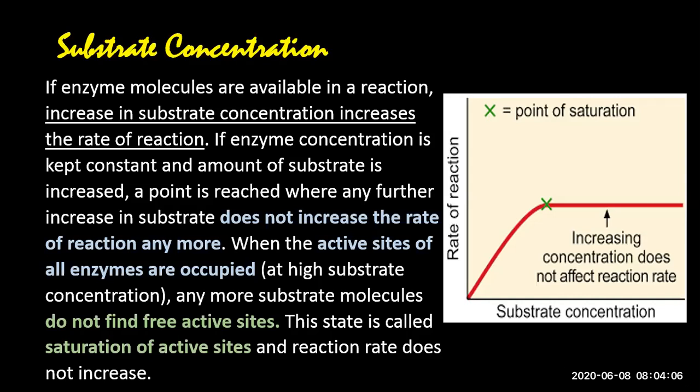But after that, the rate of the reaction will not increase. Let me tell you how. Look at this graph. In an enzyme catalyzed reaction, the reaction depends on the amount of enzyme, and it also depends on the amount of substrate.